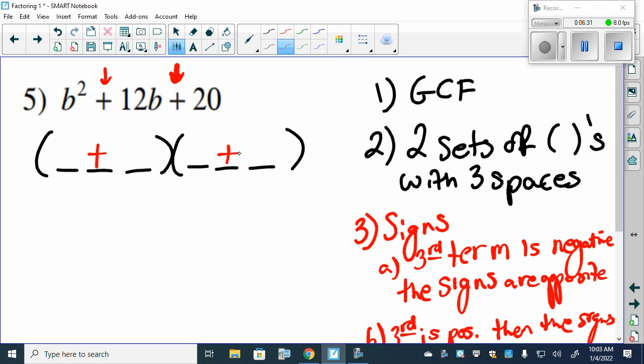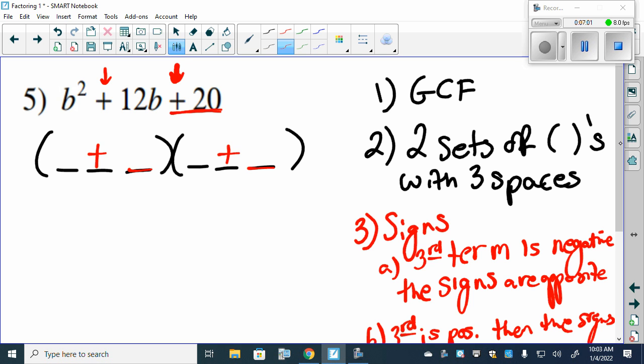This goes back to the fact that the two terms going here and here will multiply together to give us the third term, and when we distribute it out, they will add together to give us the middle. So the only way that two numbers can multiply together and be positive and add together and be positive is if they are both positive.